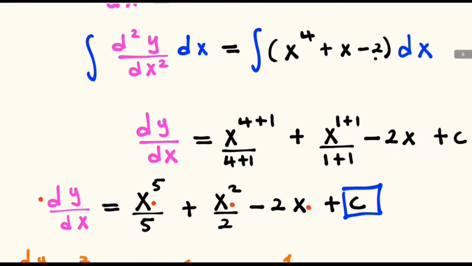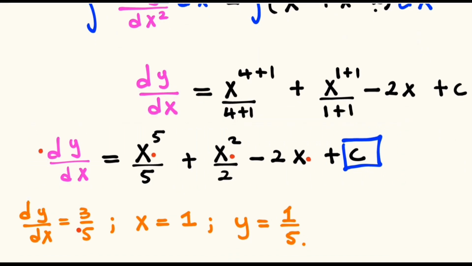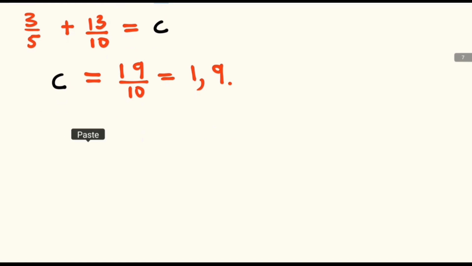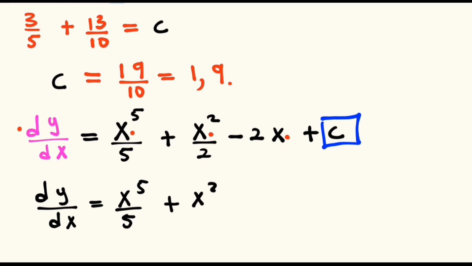So we substitute the 1.9 into that equation. So we copy and paste. So let's paste this, and our first derivative of y with respect to x will be equal to x to the power 5 divided by 5 plus x squared divided by 2 minus 2x, and the constant c we determined as positive 1.9.